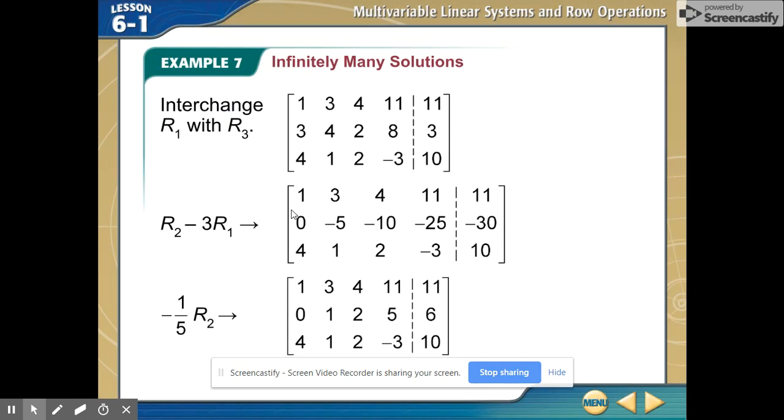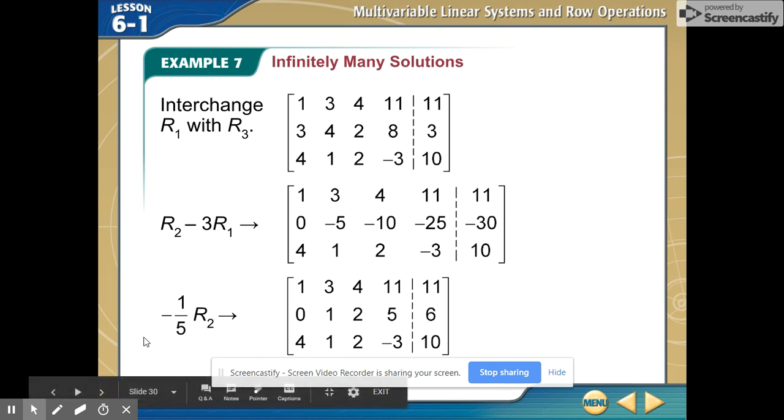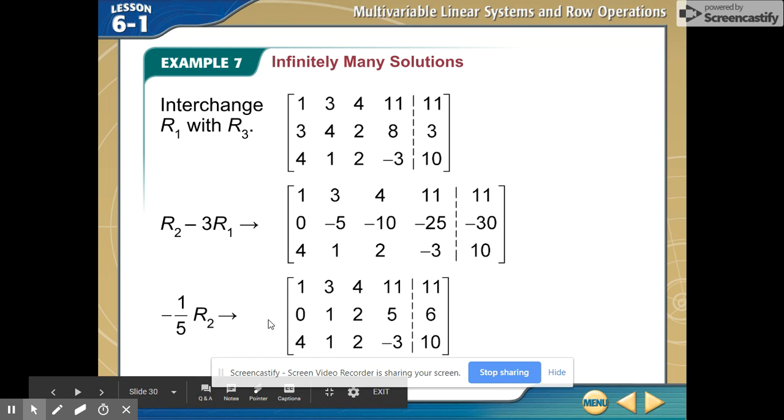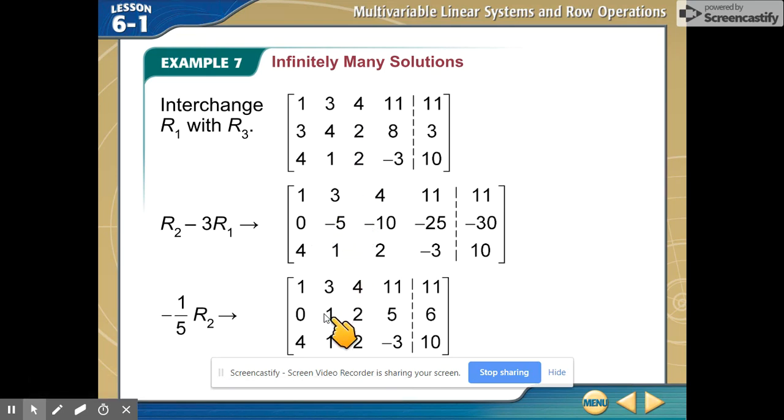You can work through it on your own, but basically they're just adding multiples or subtracting. This one looks scarier than it is, but basically since I have a negative 5 here, and I have a 0 in front of it already, I just take a negative 1/5 to get that to be a 1. All right, so that hopefully isn't too bad. So that one there is already at a 0. I just multiply by negative 1/5 to get the 1 there.